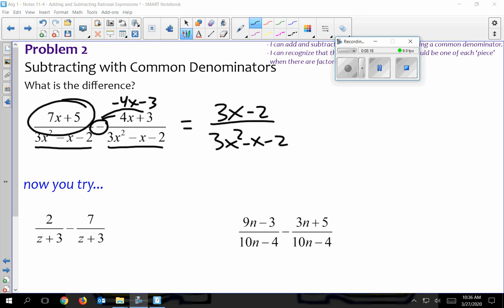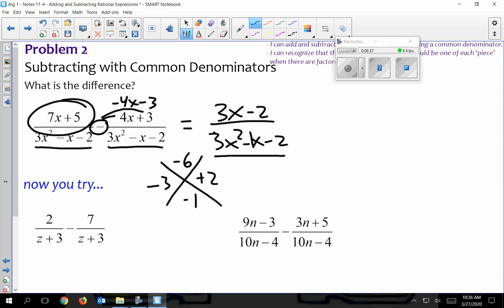But I want to try to reduce this, so if you notice right down here, I think I might be able to factor out an x. Let's try. So 3 times negative 2 is negative 6. I got a negative 1 here on the bottom. And these need to be different. 3 and 2 multiply up, but the leading coefficient is bigger than 1, so I have to go back and divide this.